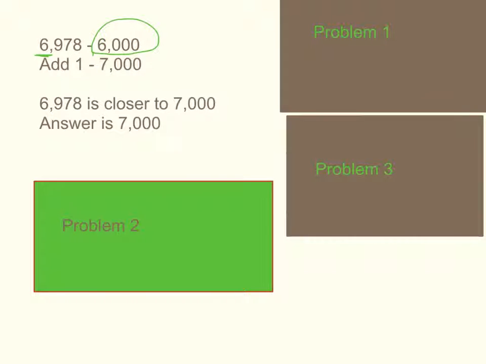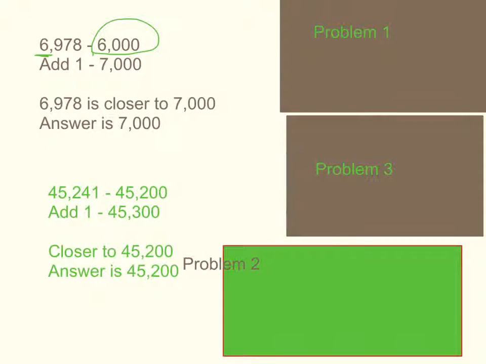But let's look at problem 2. What happens when we have to round a number to the nearest 100, and the 100 is actually in the middle of the number? Then we keep the numbers in front of it all the same. If you notice, the 4 and the 5 have stayed the same. We take the 2, and the digits behind become zeros.